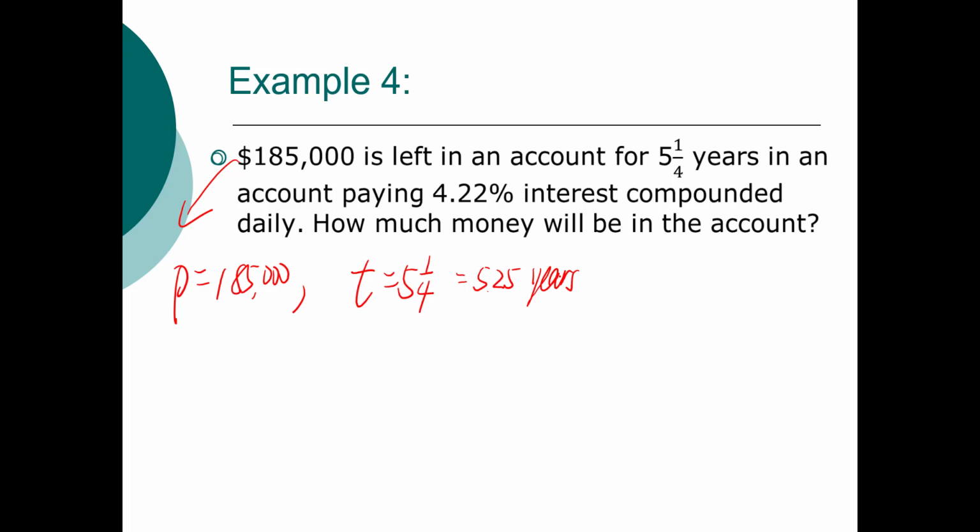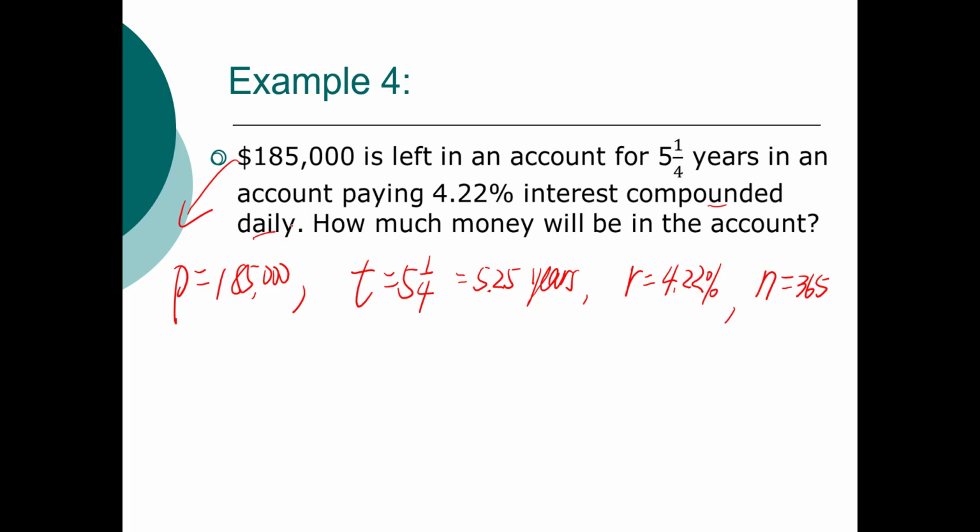So we turn it into a decimal to simplify the calculation, and then the interest rate is 4.22%. If you want to turn it into a decimal, that's okay, but we can keep it as a percentage. Compounding daily means n equals 365. So this is daily compounding. How much money will be in the account?